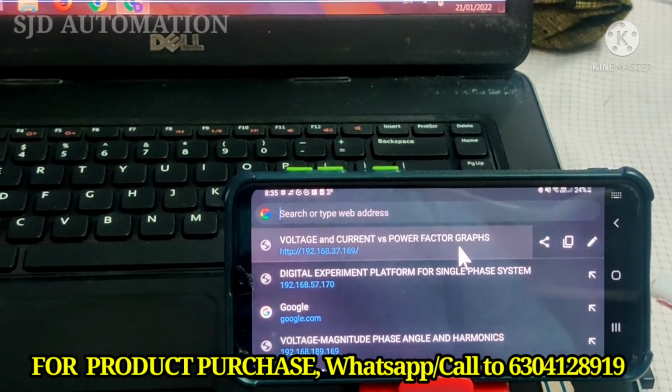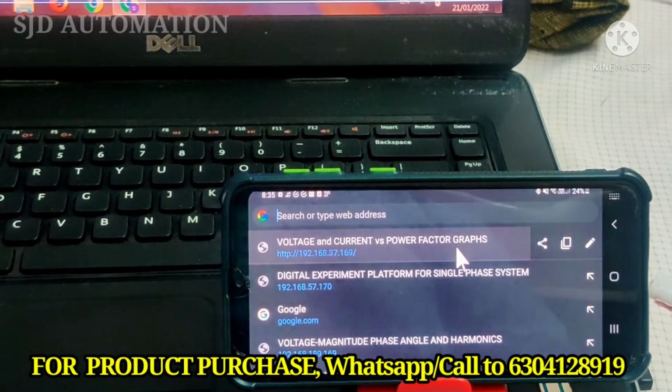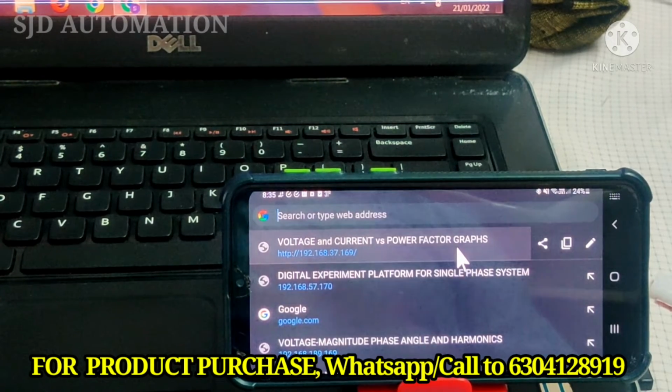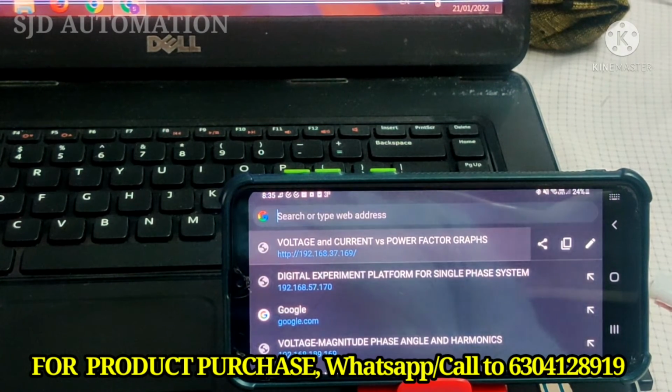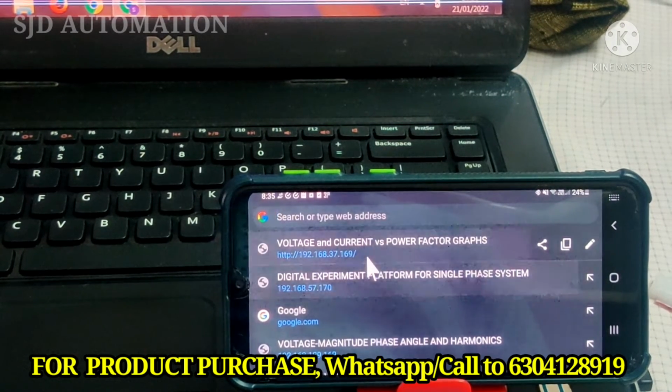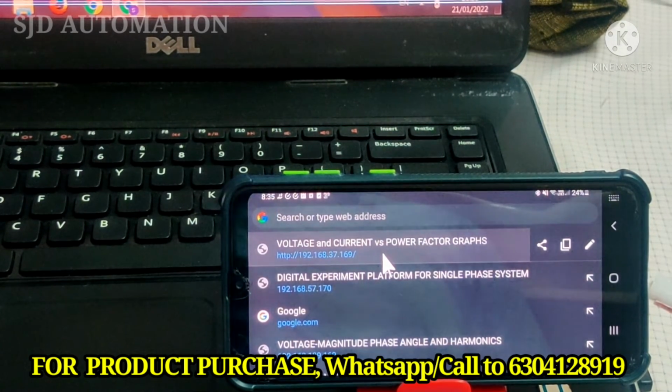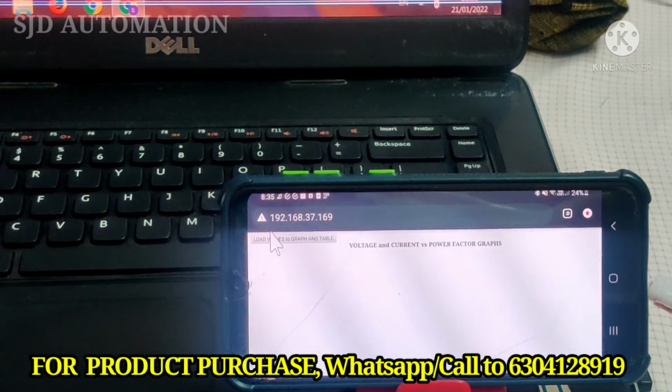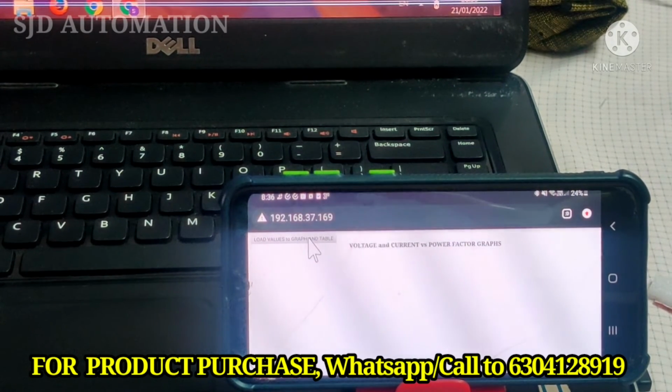Up to now we observed the graphs and table on the Windows platform. Now we will see the same application on the mobile Android platform. By entering the IP address, we will get a screen like this.